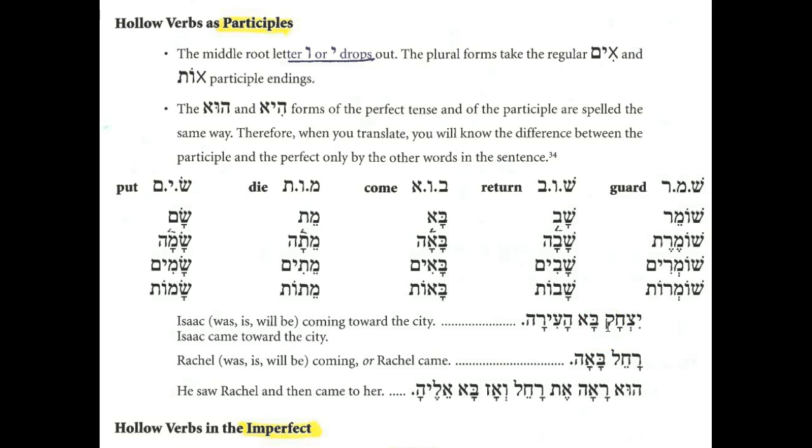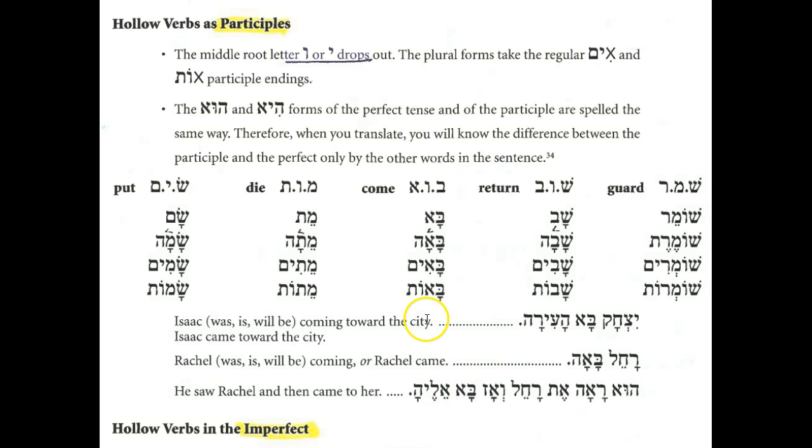Since we're in the section on participles, we should probably take it as a participle. Isaac is or was coming to the city. Rachel ba'a, Rachel is coming. Hu ra'a et Rachel ve'az ba eleha. He saw Rachel and then was coming to her. Again, taking it as a participle.